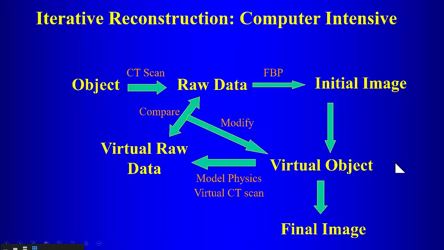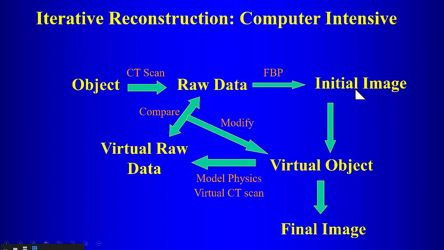But as computers advanced, we moved on to iterative reconstruction, and let's talk about how this works. You take the object and you scan it, and now you have all of your raw data from the scanning and the different projections and your attenuation measurements. Then we apply filtered back projection, and that gives us an initial image.